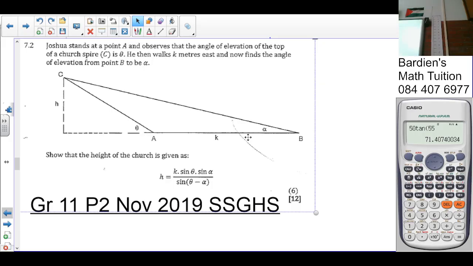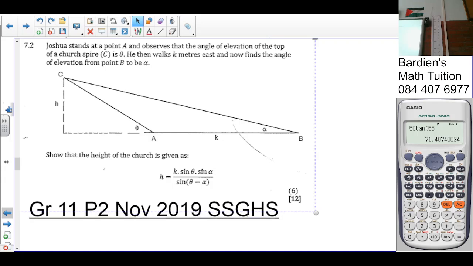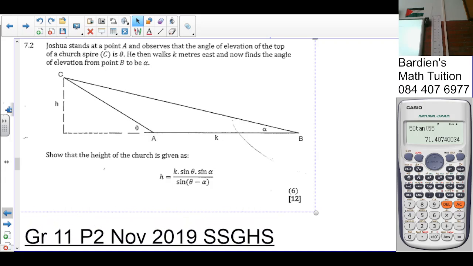Show that the height of the church is given as H. So in other words, this would say 90 degrees here. So what we do is we set up a triangle dealing with that. Okay? So let's call this A, B, C, D.